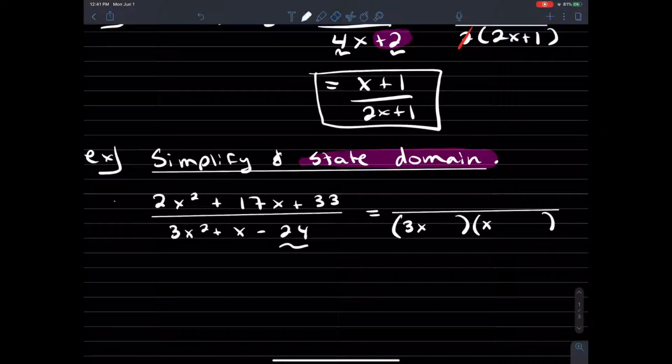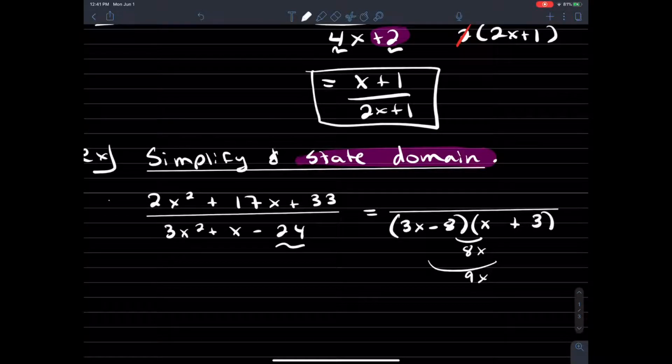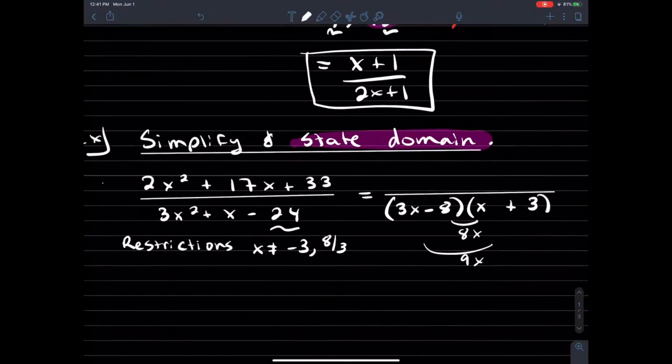So we're going to put the 3 there and the 8 there. And this is 8x, 9x. We need a plus 9x and a minus 24. That works. So we'll just state our restrictions first: x cannot equal -3 and 8/3. Those are our two restrictions.